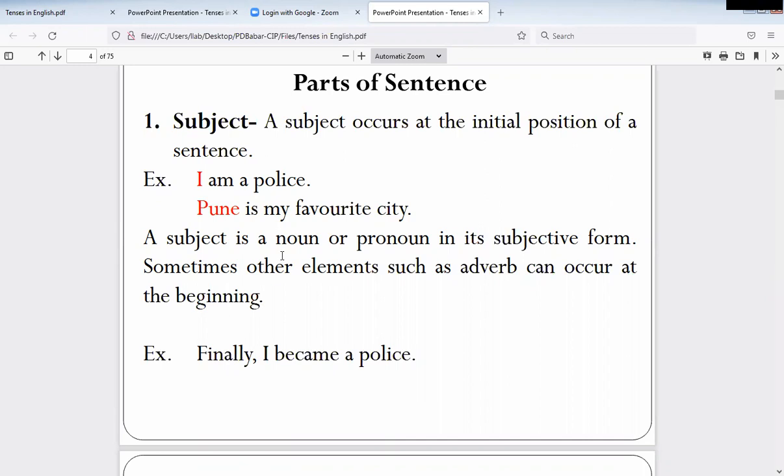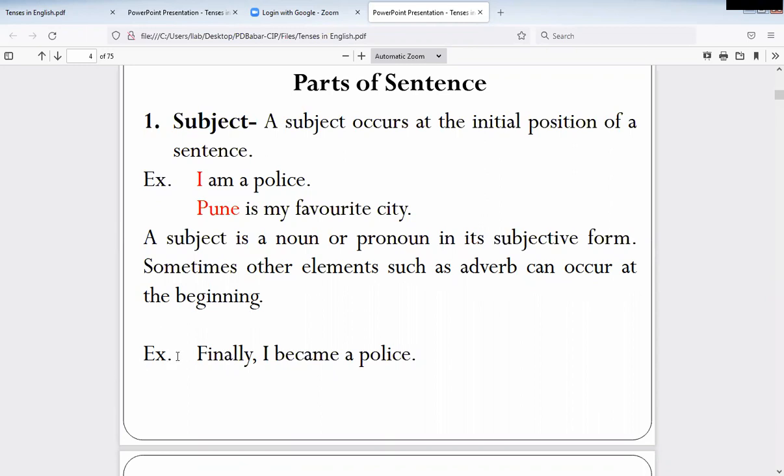Generally the subject comes in a subjective form, and the object occurs in the objective form. Sometimes other elements such as an adverb can occur at the initial position, or at the beginning.